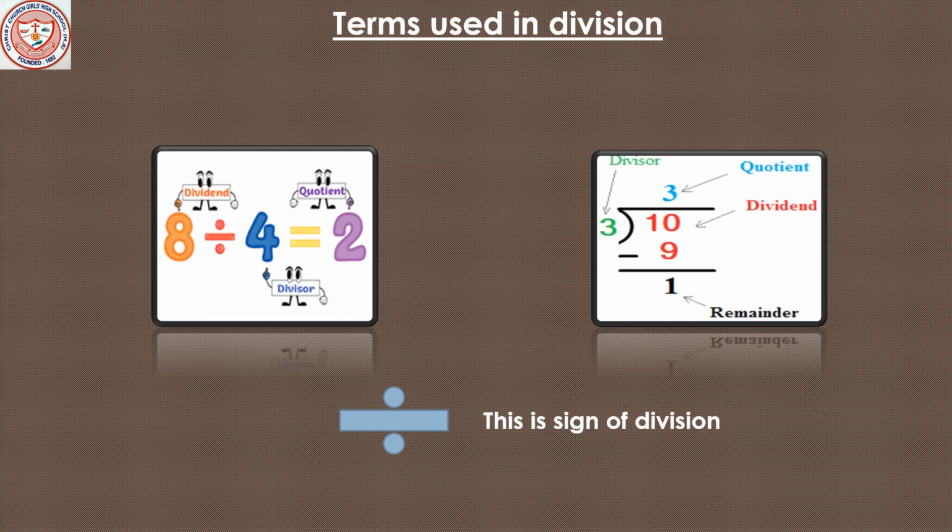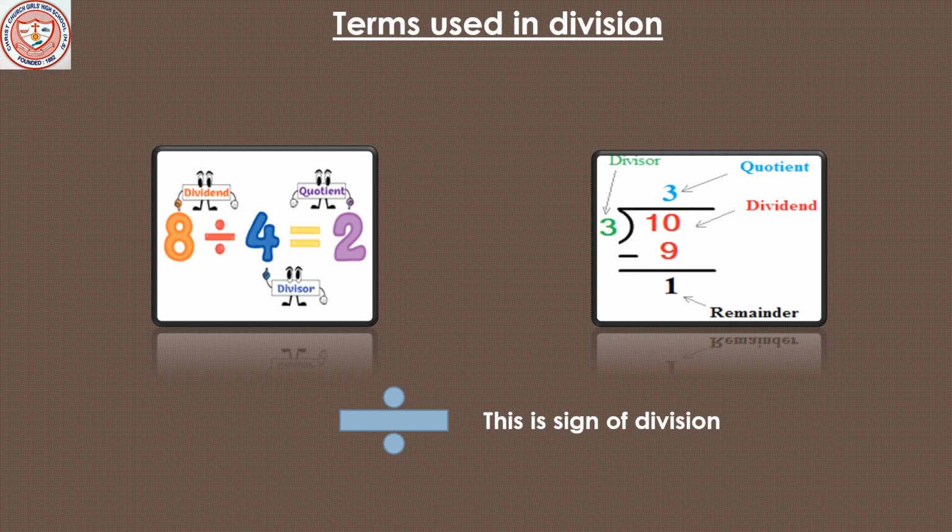Yes. Now, let us recall the terms of division. First, dividend. The number to be divided is called dividend. Number 2, divisor.